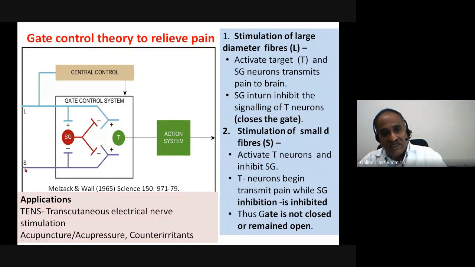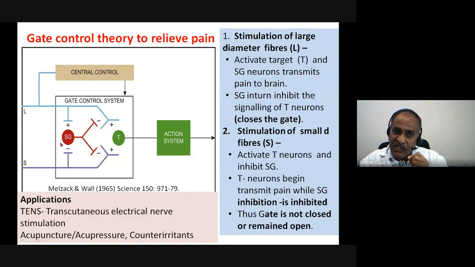Now, when the impulses from the small diameter fibers ascend, they activate the target cell, which is located in lamina 5 of the spinal cord, and this will cross to the opposite side and ascend in the lateral spinothalamic tract. These excite the target cells, and the pain is reaching. At the same time, they stimulate the substantia gelatinosa cells present in laminae 1 and 2.